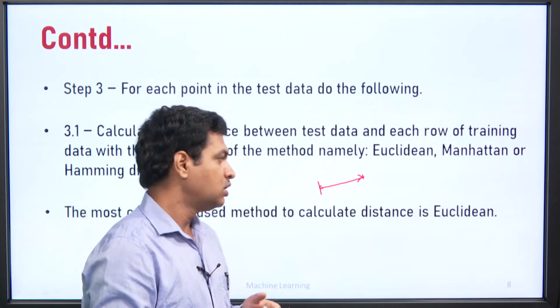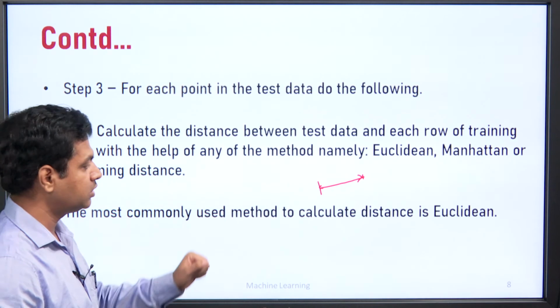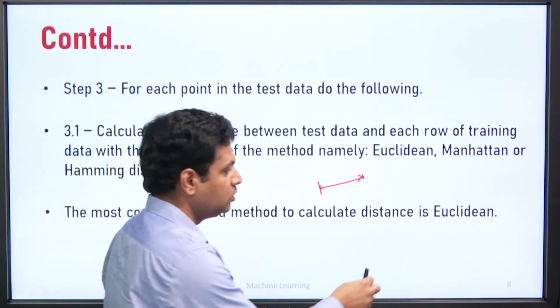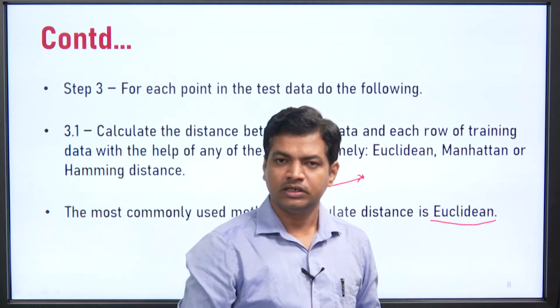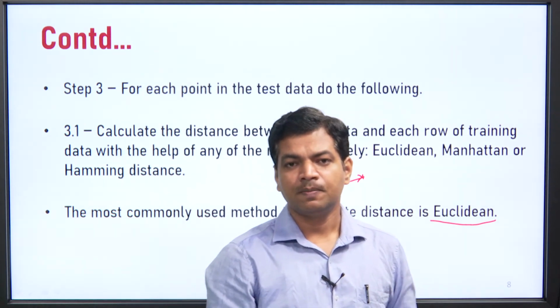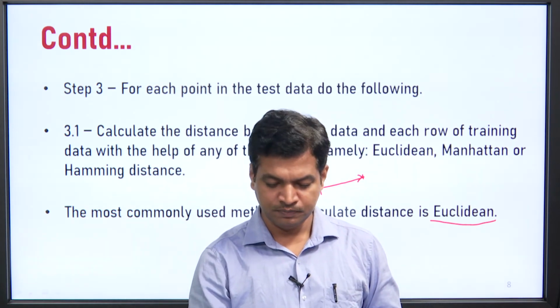Their formulas are different from each other. Now, the most commonly used method to calculate the distance is Euclidean, because it is a very straightforward formula to calculate the Euclidean distance of the reference point to the other points nearby it.